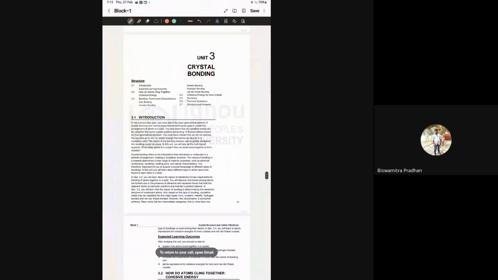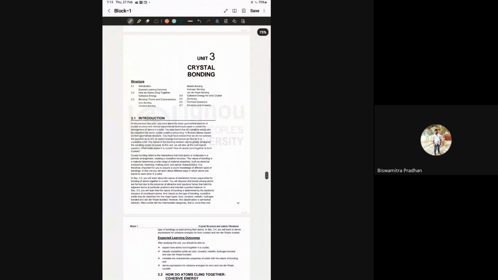Okay, we will start with something called crystal bonding. Till now, we discussed what is crystal structure and how to determine crystal structure. But then, the obvious question that arises is how exactly the crystals are being made. Crystals are made out of atoms or molecules, right?